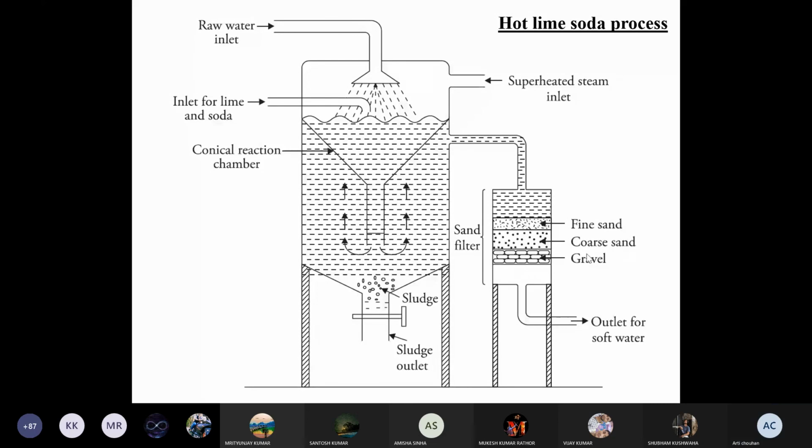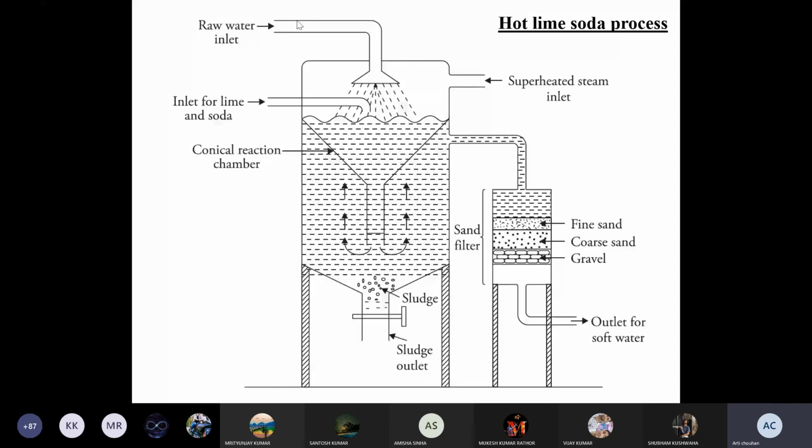Okay, as the hot lime soda process has high temperature working conditions, we are able to maintain the temperature with the help of a superheated steam inlet. There is a raw water inlet, and the lime and soda inlet is there. We are able to add the raw water and a calculated amount of lime and soda with the help of these inlets to the tank.